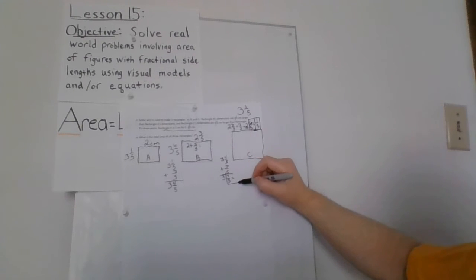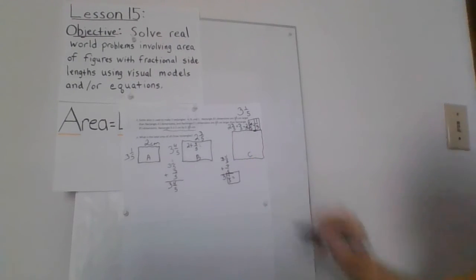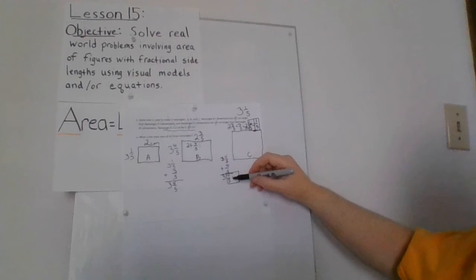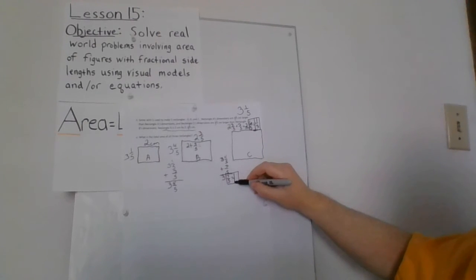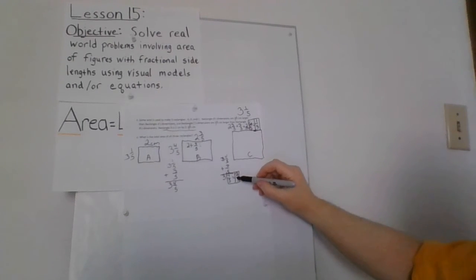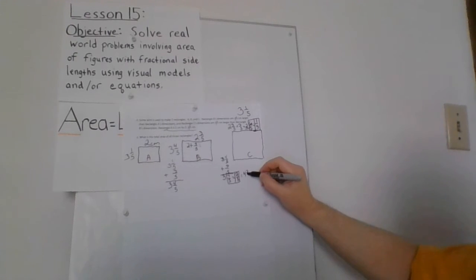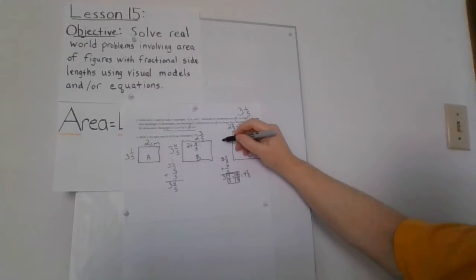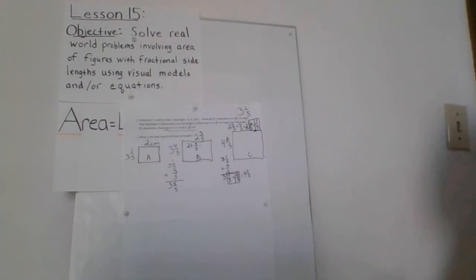Again, 7/5 is improper. 5 fits in the 7 one whole time with 2 left over. So now I have to put my two whole numbers back together. That would give me 4 2/5. So my width is 4 2/5.